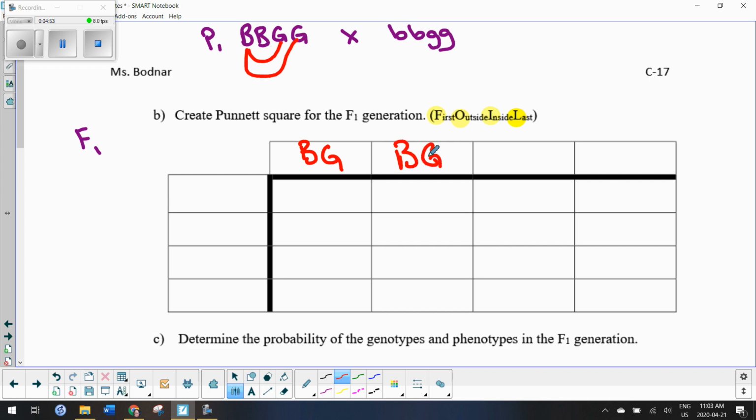You should see that this is all going to be the same. Inside, now I'm going to change colors so you can see the different colors, is talking about these two. And then last is talking about the last alleles. This one's pretty easy because they're all the same alleles, so you can see that you're all going to be little b, little g.